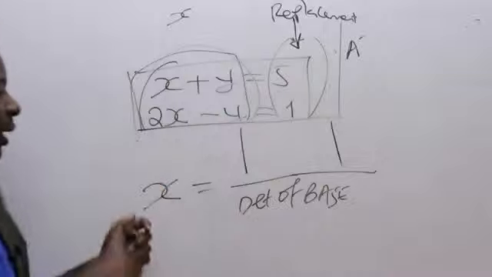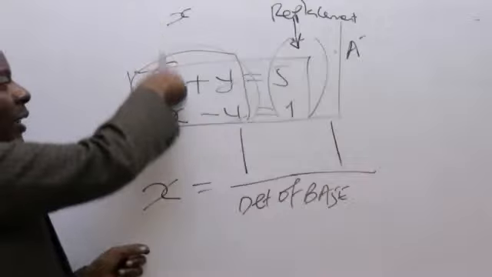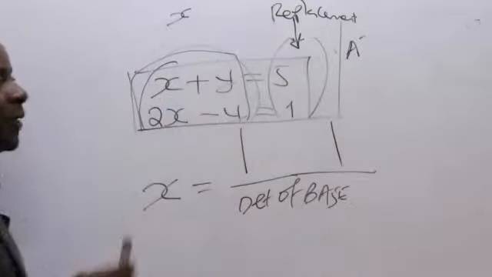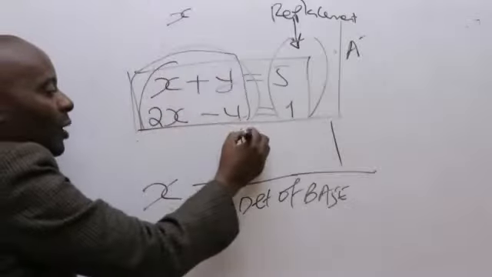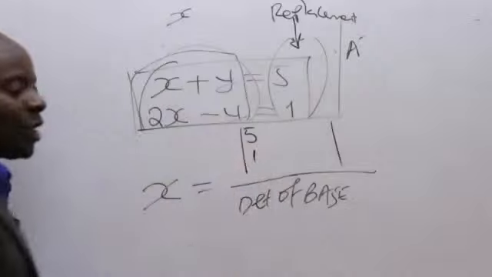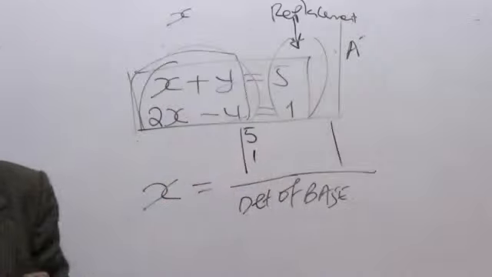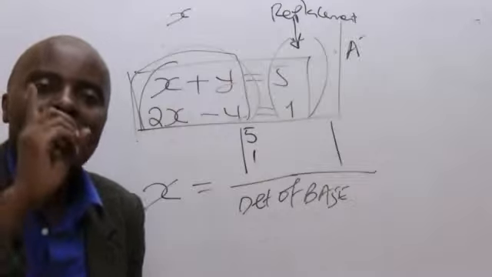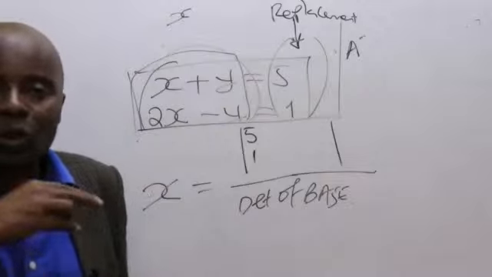The first value that I want to get here is the value of x. So the column of x has to go, and in its place, we shall put the replacement. So the first column will be the replacement, which is 5 and 1. These columns can only disappear one at a time. You can't have two just disappearing.